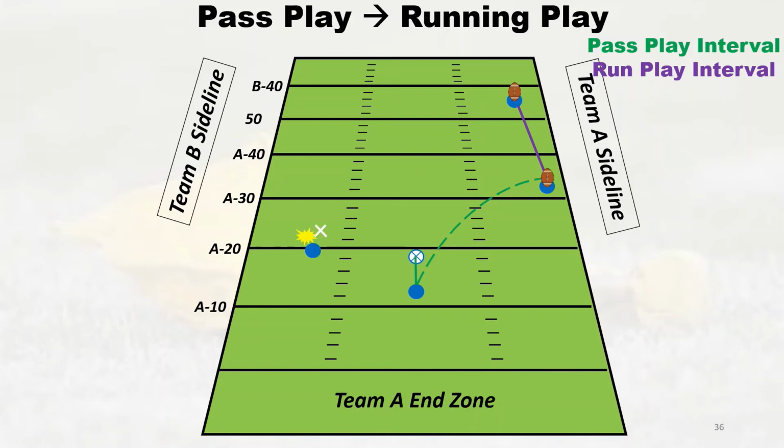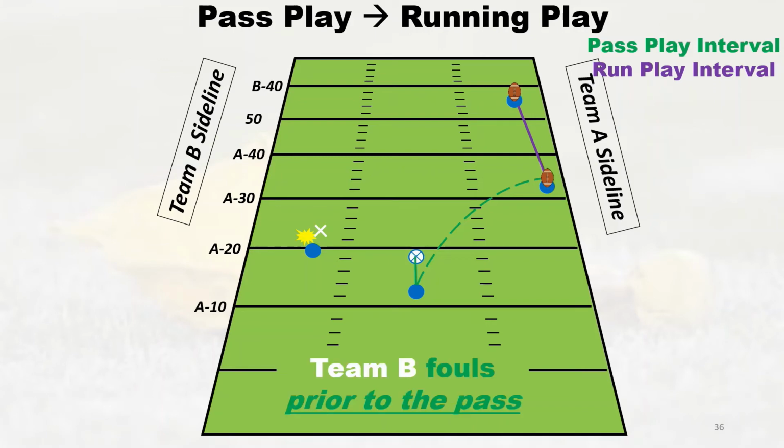So back to our rules question. We have a foul by B during the pass for illegal hands to the face. So imagine a defensive end or a defensive back committing a prolonged push to the face mask of an offensive player or some sort of forcible blow. Now, we have this listed as B fouls prior to the pass.